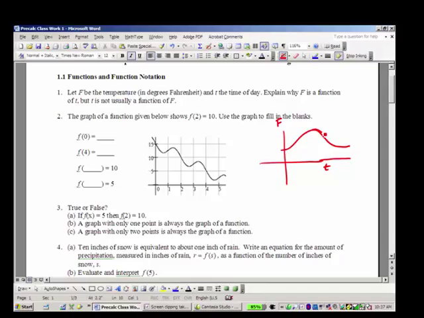Have you talked about inverses last year in algebra? Inverse functions? Did you talk about the horizontal line test? I'm getting some yeses and some nos. The horizontal line test: this says that this passes the vertical line test, and this says, look, if time is the independent variable and temperature is the dependent variable, it works.